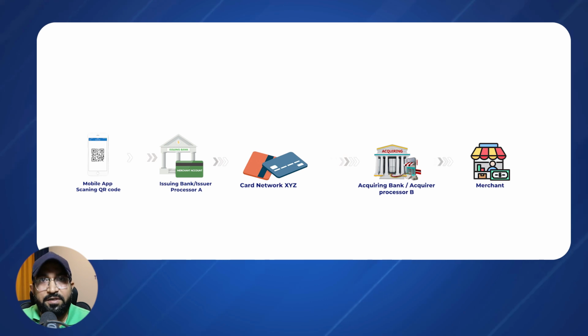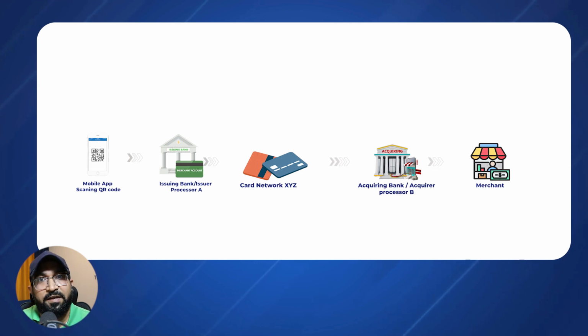Now, because the merchant who was displaying this QR code has an acquiring partner that is already a customer of card network XYZ, based on the MID, the merchant related information, they will be able to identify the acquiring bank of that particular QR code.